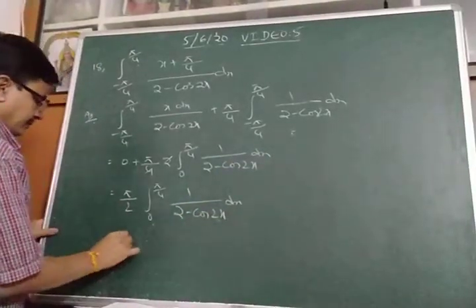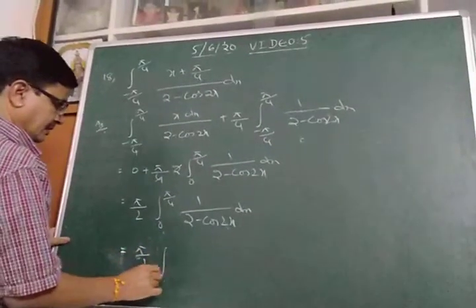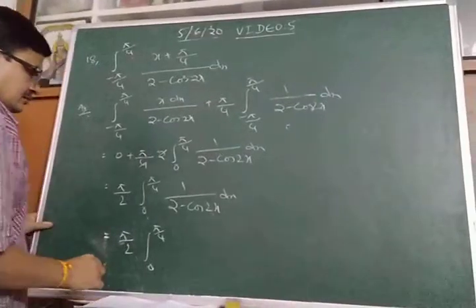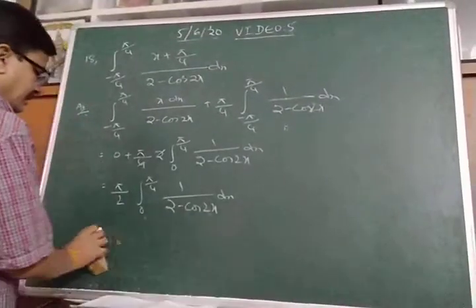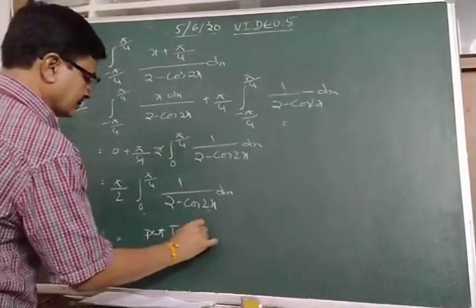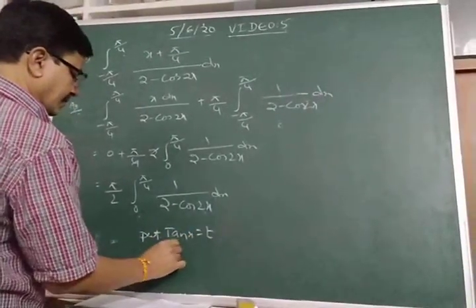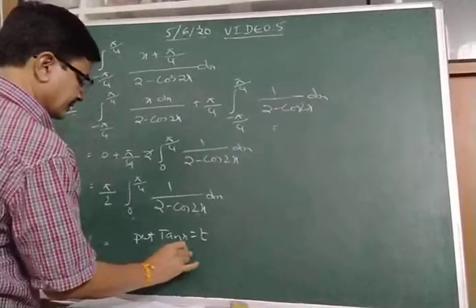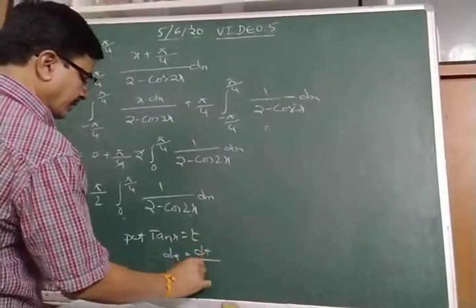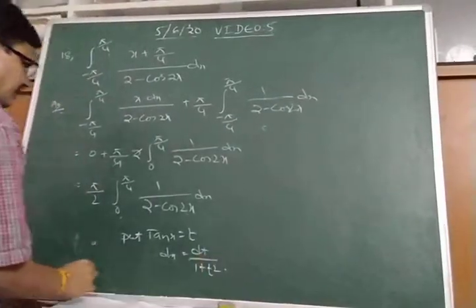This is pi by 2 and integral 0 to pi by 4. Here we take, put tan x is equal to t, secant square x dx, dx is equal to dt by 1 plus t square.